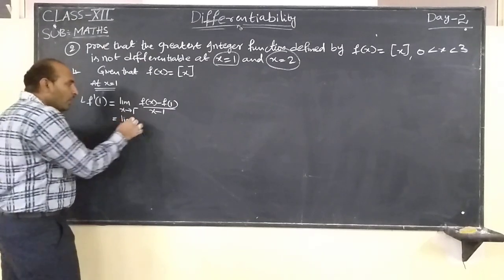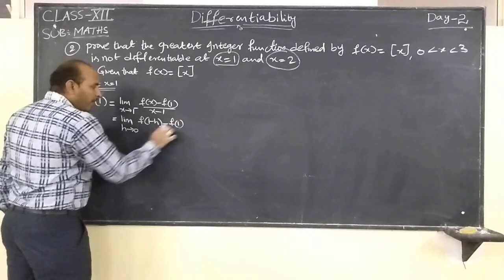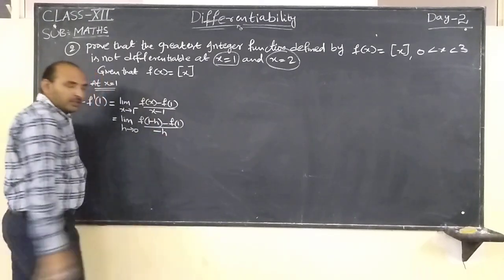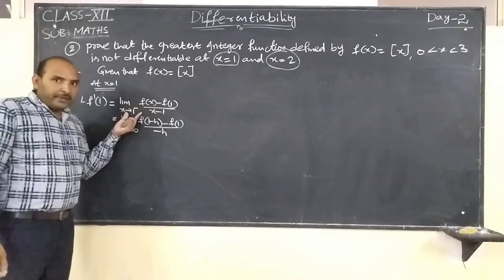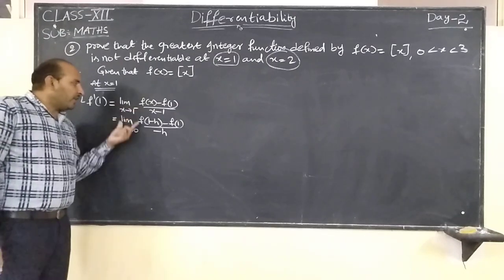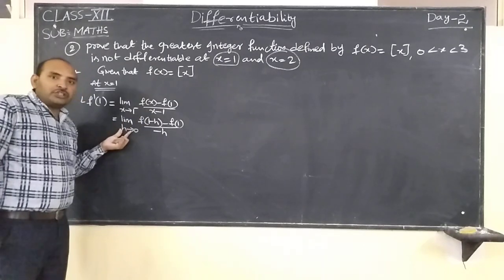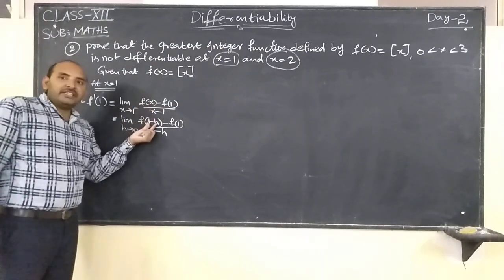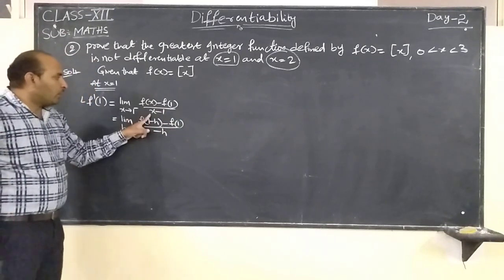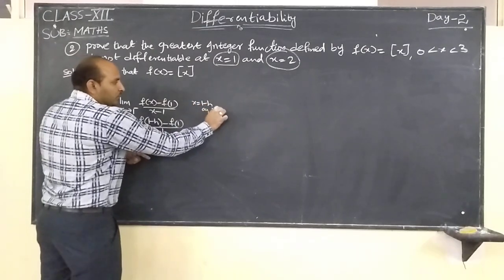When h tends to 0, f of 1 minus h minus f of 1 divided by minus h. See, already we completed. This is one type of formula, this is also another formula, both are the same. Instead of this one I am writing this one. When x tends to 1 minus, taking h where h tends to 0, the x value changes to 1 minus h, minus f of 1, divided by x minus 1, where x is equal to 1 minus h as h tends to 0.